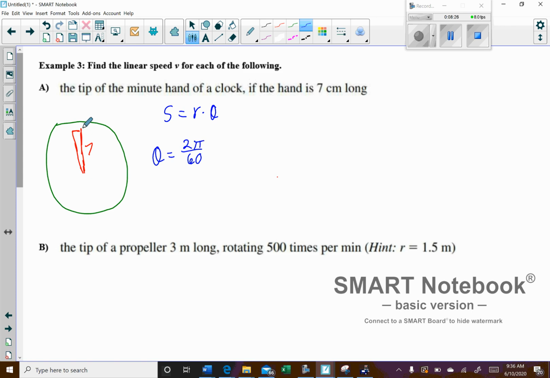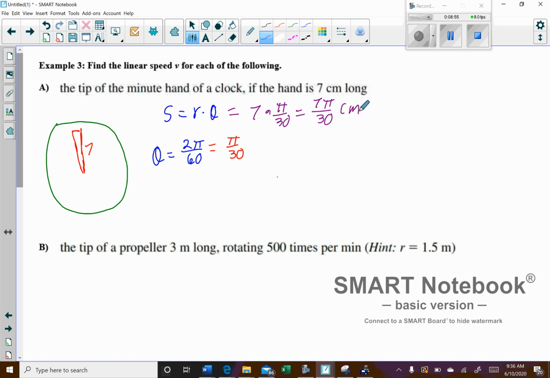So we're going to break that up. So 2 pi would be a full rotation. So we're going to do 1/60th of that. So we'll go ahead and simplify this. And so let's see, that'll become pi over 30. So that's going to be our theta for our arc length here. So we'll go ahead and solve this. So this will be 7 times pi over 30. So we're getting 7 pi over 30. So that's going to be your arc length in centimeters.